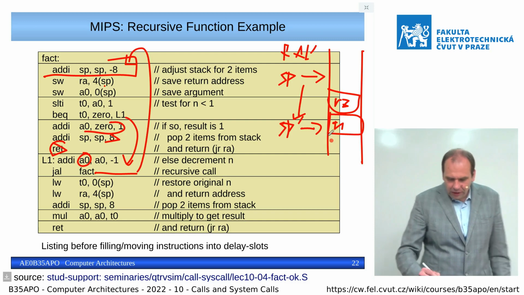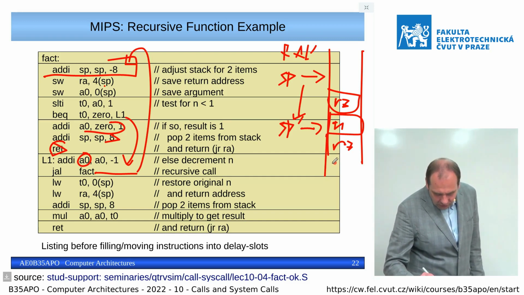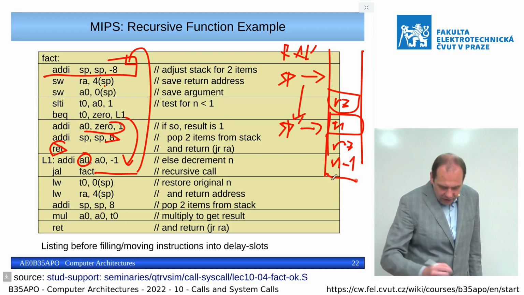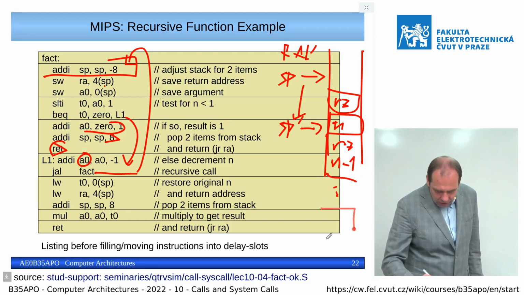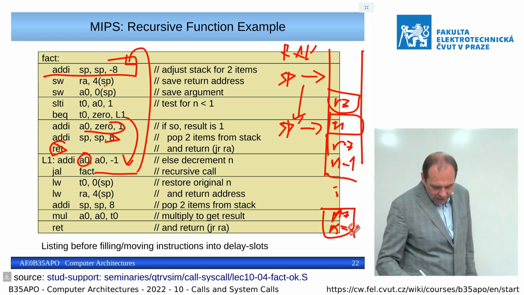But the factorial function in this case stores onto the stack the return address and n minus 1. And so on, till there is stored the return address and n, which is equal to 1. And in this case, or no, n equals 0.